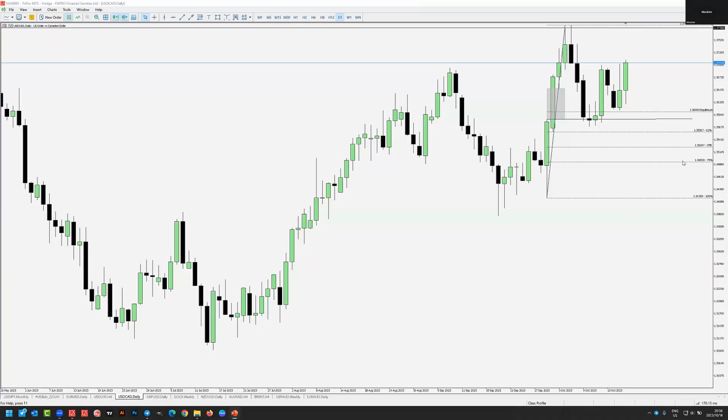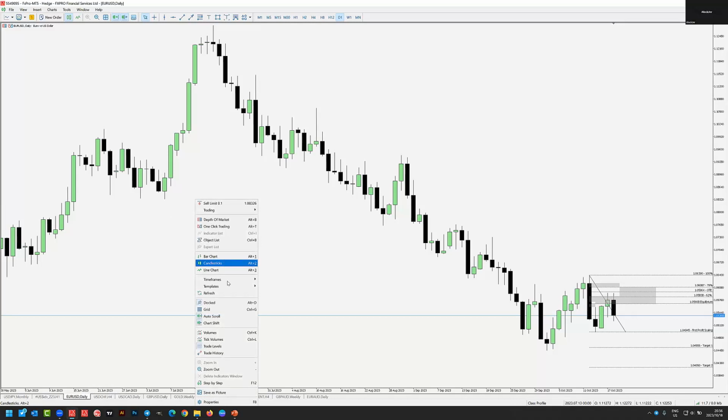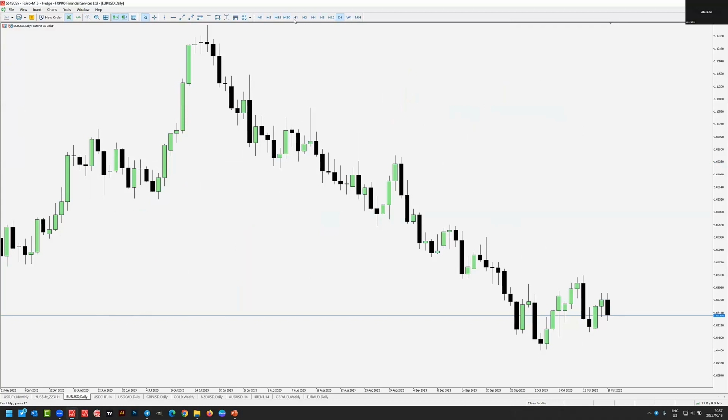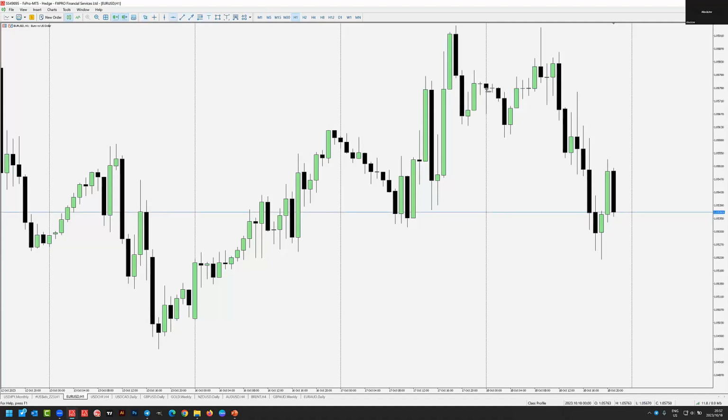Let me show you on the chart. If market is bearish, let's go to Euro USD. Let me illustrate this. So this will be a day when we would have been looking for shorting opportunities. So market opened. Where is our opening price? Right there. You see?